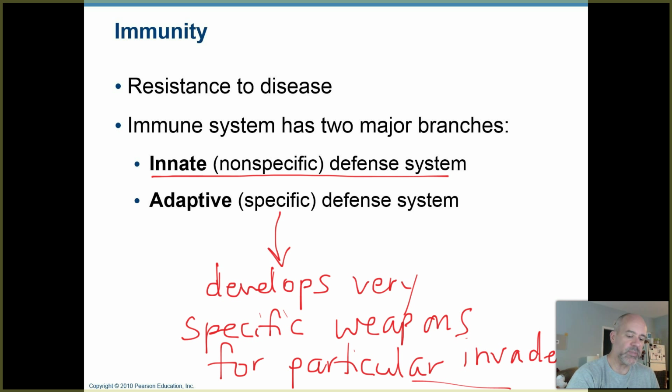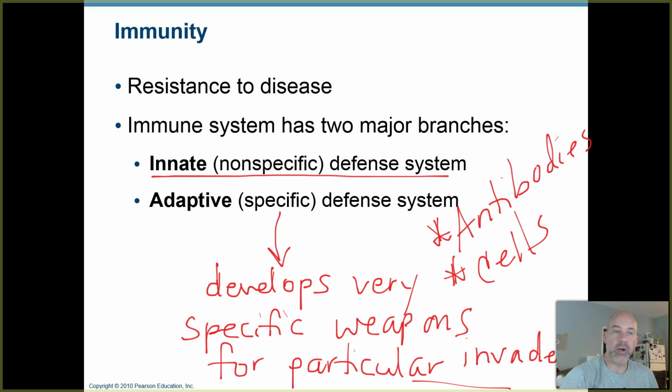So it's very specific. And by weapons, weapons include things like antibodies, and there are also cell warriors that develop as well. And they specifically target particular microorganisms, like particular strains of the flu or salmonella bacteria. It gets down to that level of specificity.